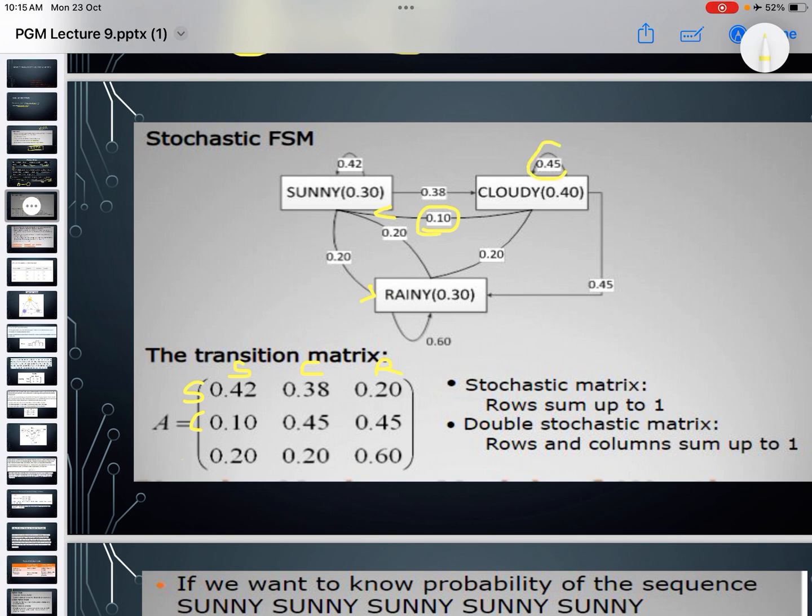Cloudy to cloudy is 0.45, and cloudy to rainy is 0.45. Next is rainy. Rainy to sunny is 0.20. Rainy to cloudy is again 0.20, and rainy to rainy is 0.60. So this way you get the transition matrix.